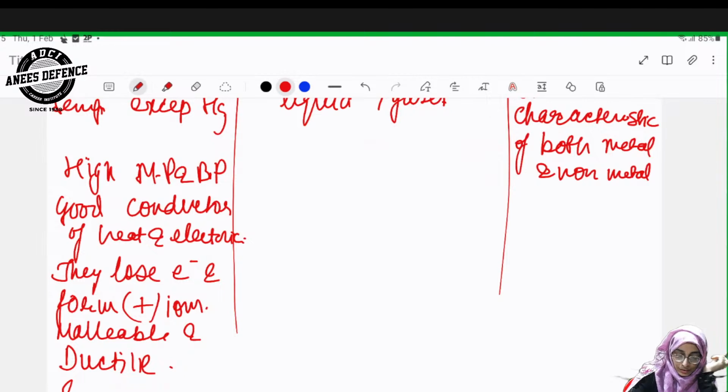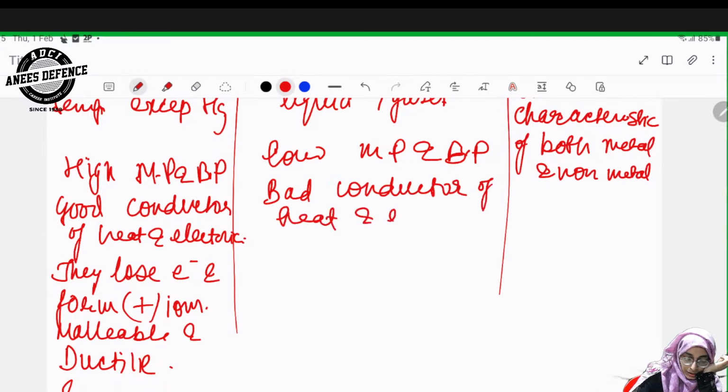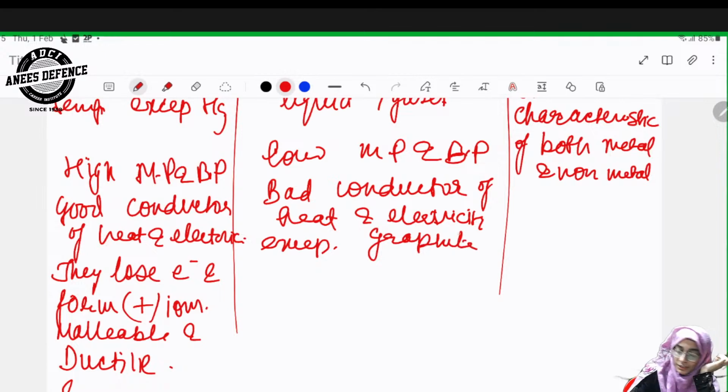Non-metals generally have low melting and boiling points. They are bad conductors of electricity and heat, but there are some exceptions. The exception is graphite.